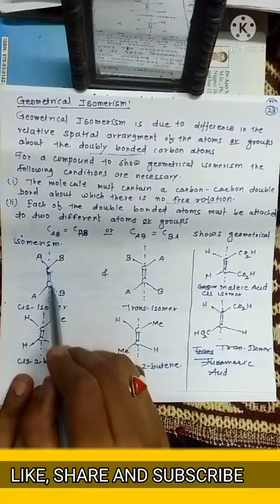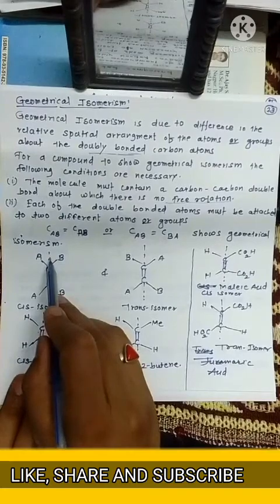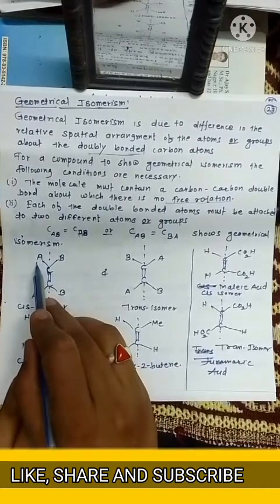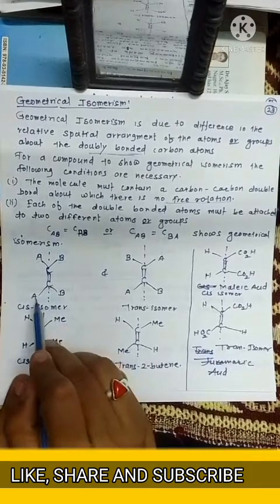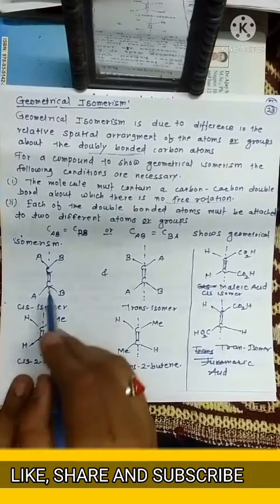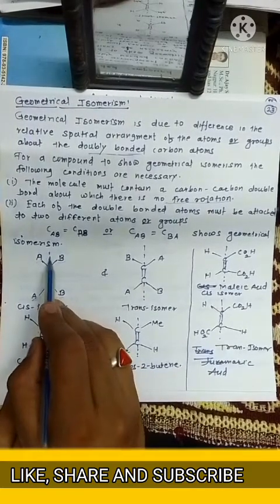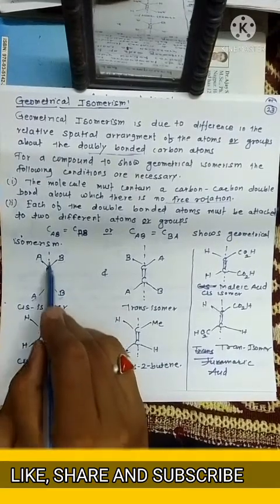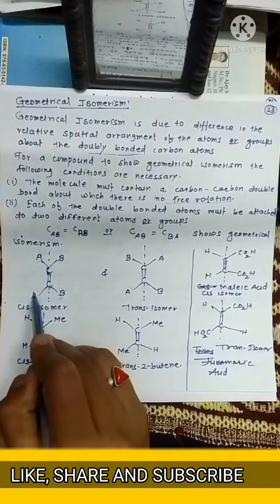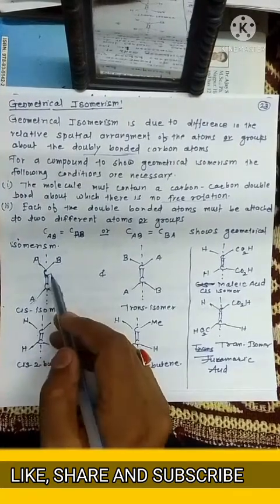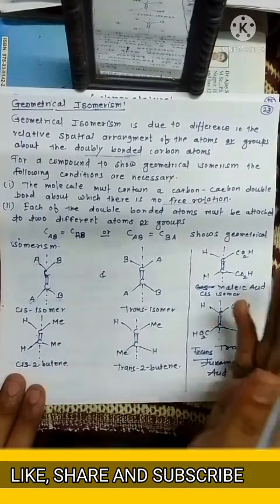Just see in this molecule, this carbon atom is attached to two different atoms denoted by suffix A and suffix B. Similarly, the below carbon atom is also attached to two different atoms which are denoted with suffix A and suffix B. If we pass a line through the carbon atoms, we clearly see that both suffix A are in the left side plane while both the suffix B are on the right hand side.